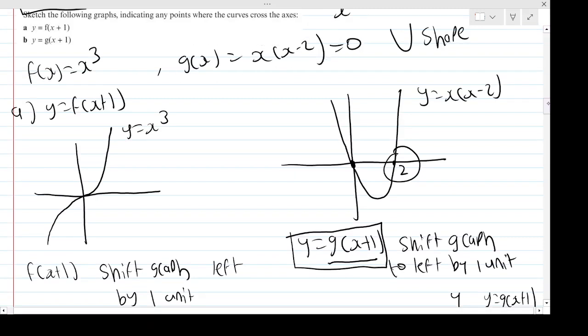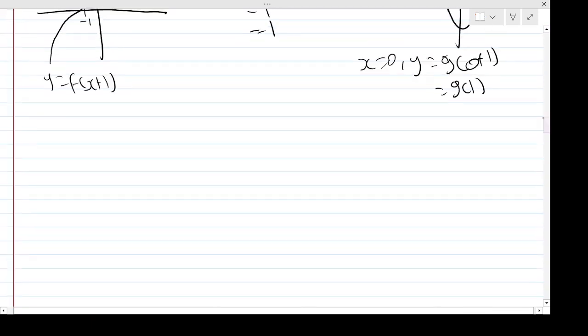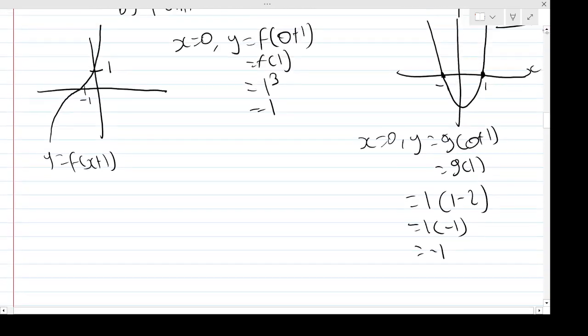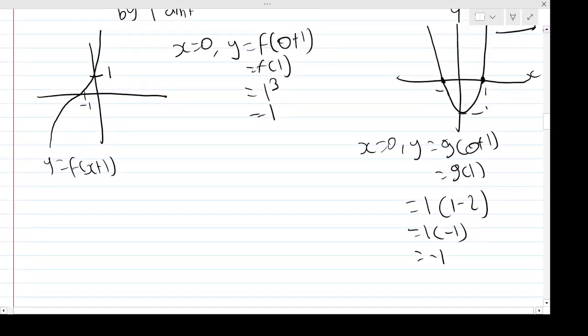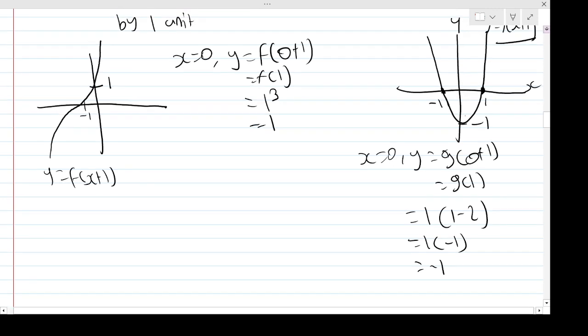If I substitute 1 into that, I get 1 for x, and then x minus 2 would be 1 minus 2. That'd be 1 lots of minus 1, that'd be minus 1. Therefore the y-intercept here would be minus 1. And the root there is also minus 1, although it looks a bit awkward. There we are, so that's that curve then. Cool.